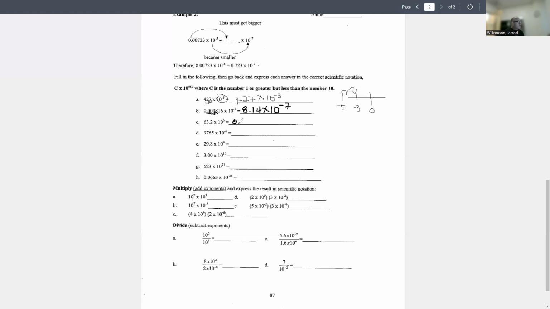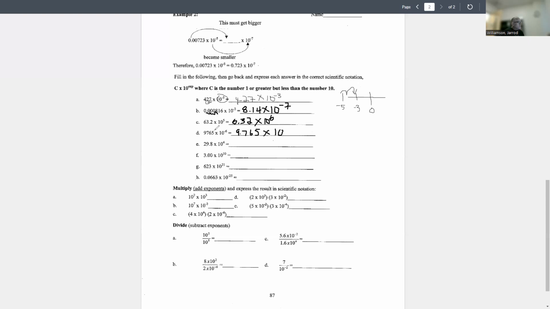6.32 times 10. I made this number 1 power of 10 smaller, so I need to make this 1 power of 10 bigger. That'll be 10 to the 6th. I need to make this number 1, 2, 3 powers of 10 smaller, 9.765 times 10.